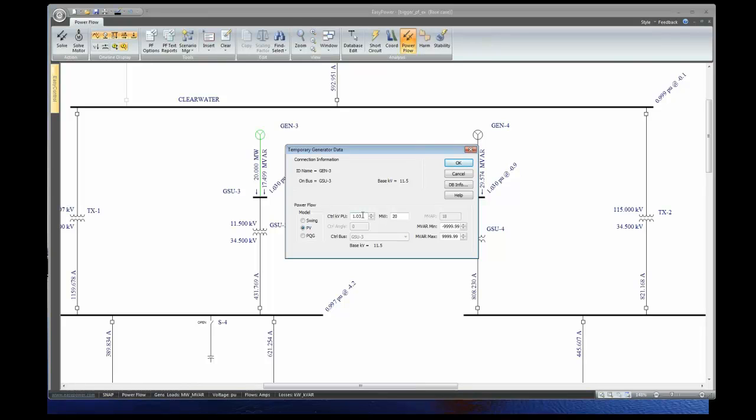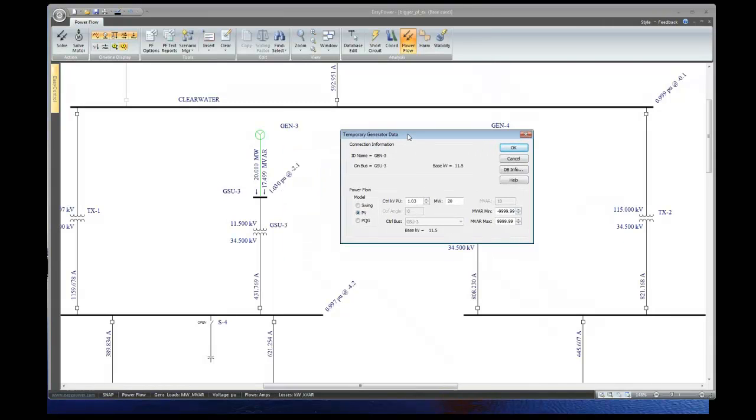So the way the generator does that is by changing, this is analogous to the actual voltage regulator in the generator. It's going to increase the excitation to maintain this 1.03 per unit voltage. When that happens, you have additional VARs that flow out of the generator. It's overexcited, so you have VARs that flow out.